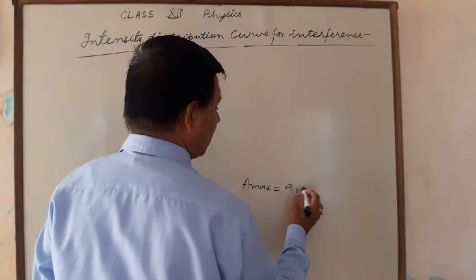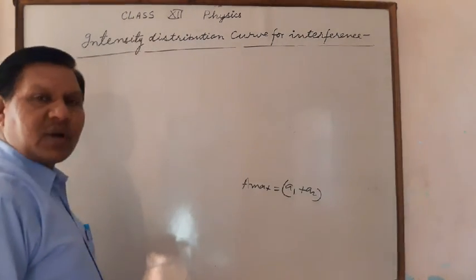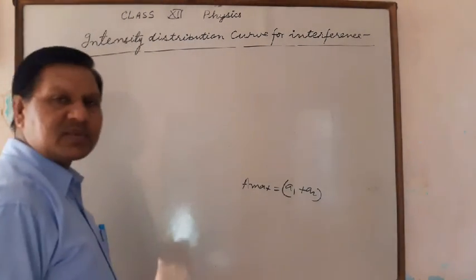That is, A maximum is equal to A1 plus A2, where A1 is the amplitude of first wave, A2 is the amplitude of second wave.